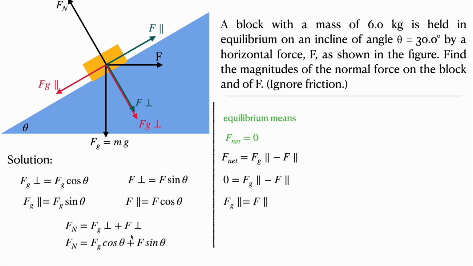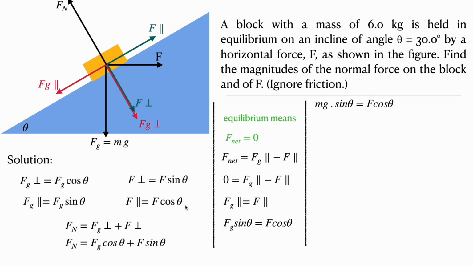If the subtraction is equal to 0, it means Fg parallel is equal to F parallel. Now we substitute the values. Fg parallel is multiplied by sine theta, as you can see from here, and F parallel is multiplied by cosine theta. So we have this rule, and now we are going to substitute the values.